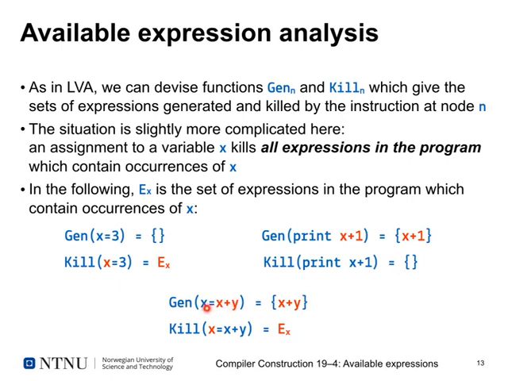But then it also destroys x again, because we're assigning x plus y to x. So essentially, if we would execute x plus y again after this, it would have a different value. So if we execute x equals x plus y, we are killing all the expressions containing x, including the one we've just generated here.